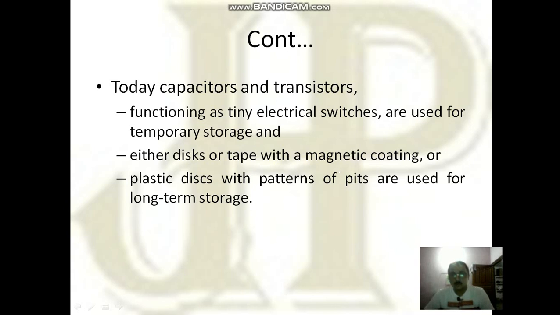So how? Either disk or tape with a magnetic coating, for example hard disk, magnetic tape, or plastic disk with patterns of pits, for example CD.